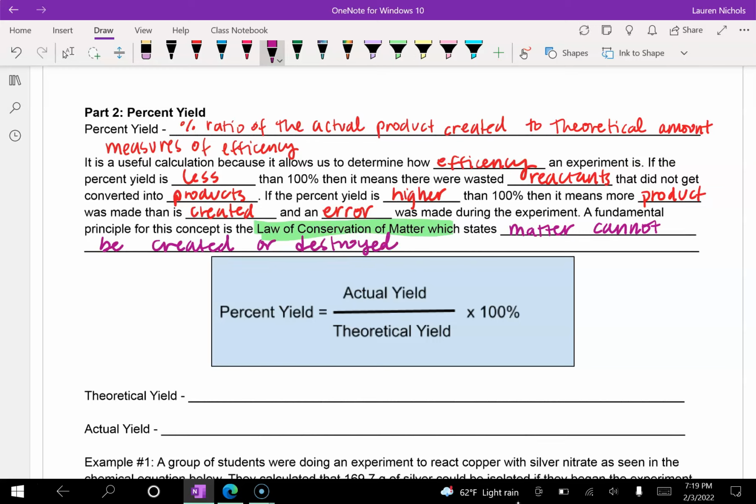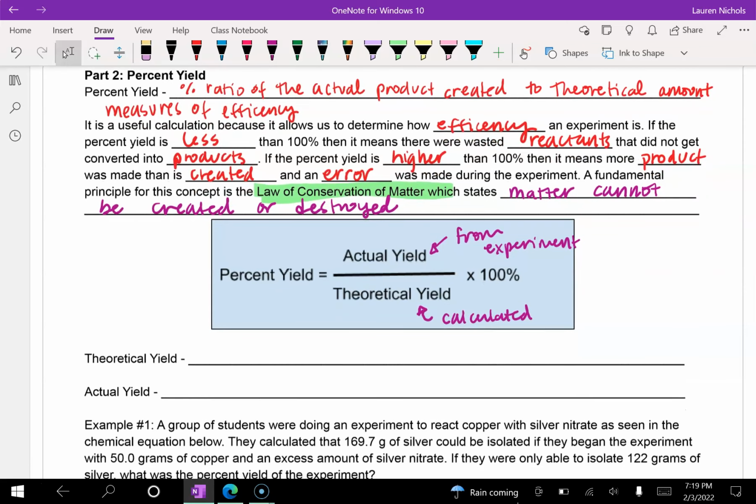So our formula to calculate percent yield is our actual yield, so this comes from the experiment, divided by our theoretical yield, so this is calculated using stoichiometry, using our T-charts, all multiplied by 100%, which I guess I could have written on the definition lines that we have here.